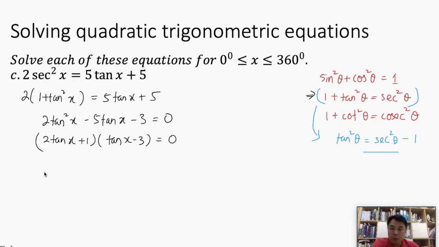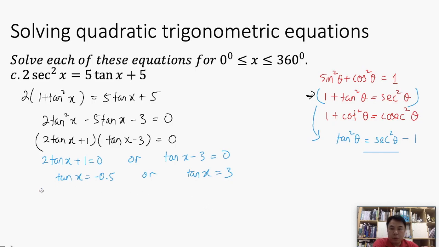Therefore, I will end up with 2 tangent x plus 1 equals 0, or tangent x minus 3 equals 0. Here I will have tangent x equal to negative 0.5, or tangent x equal to 3.